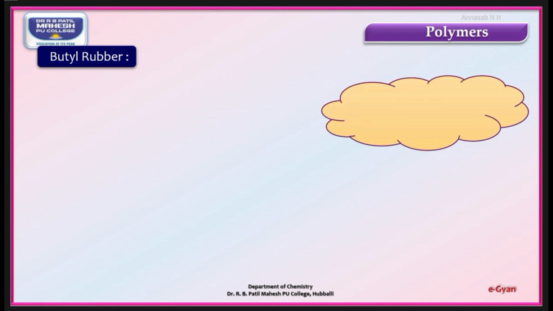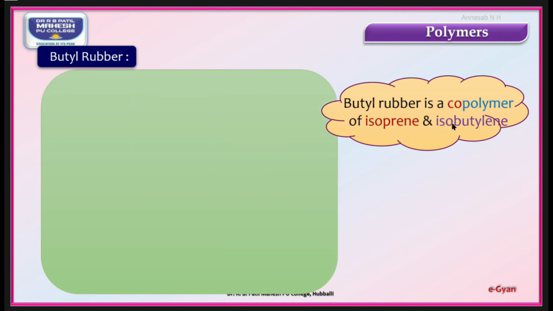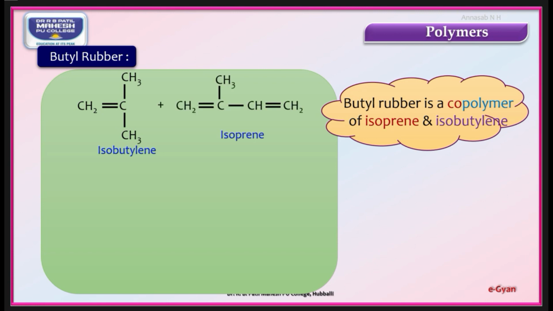Move to the next part, butyl rubber. So butyl rubber comes under copolymerization, and it has two monomeric units, isoprene and isobutylene. So here we have the structure, it is isobutylene, which is mixed with isoprene unit. This isoprene unit, which we saw in the case of natural rubber, was the monomeric unit of natural rubber.